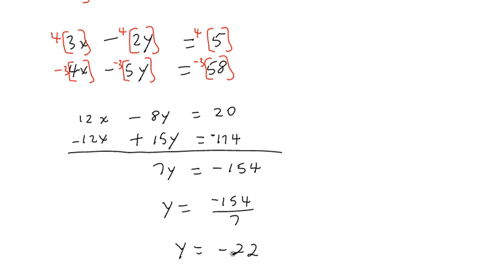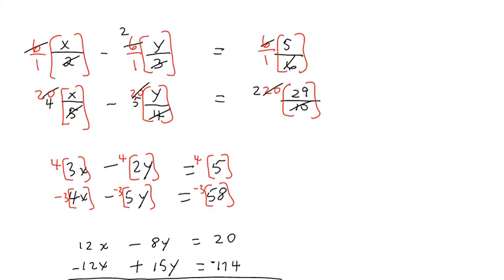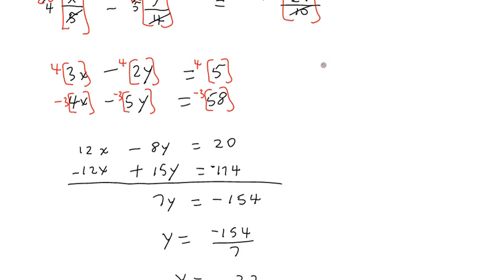How do we find the x value? Well, let's go back up to this version of the system of equations. I sure don't want to go back up to the original version with all the fractions. Let's go back to this version after we got rid of the fractions. In fact, that first equation here was 3x minus 2y is equal to 5. We now know that y is a negative 22.